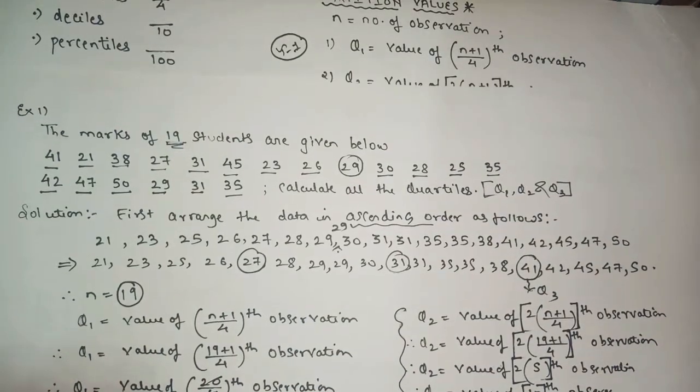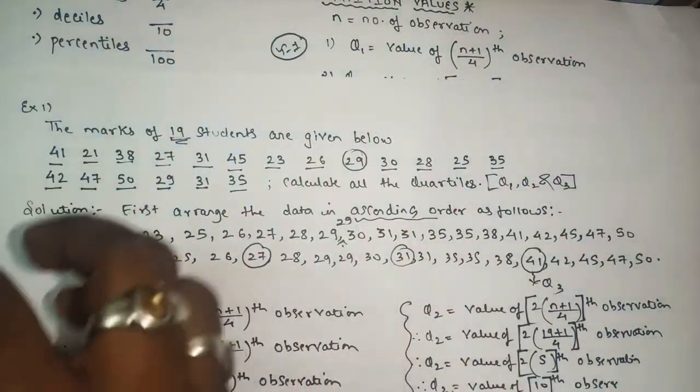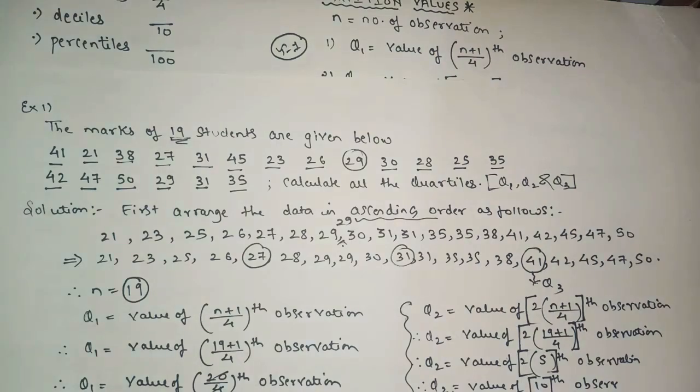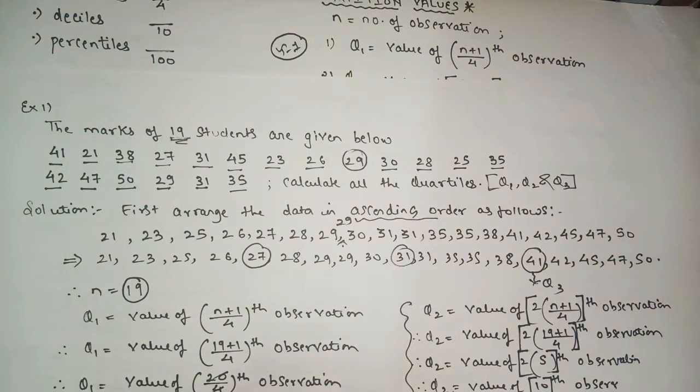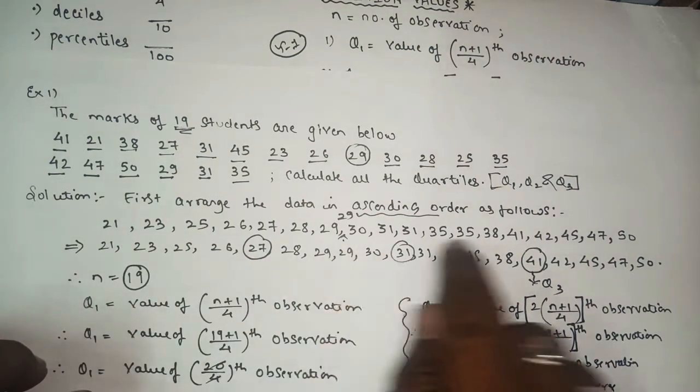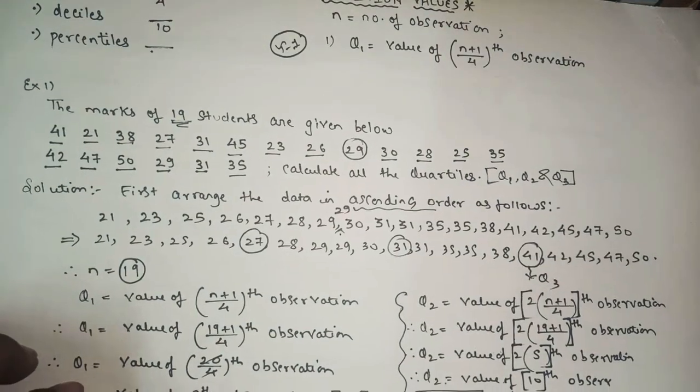As per the rule, whenever we have numbers, whether in a series, a sequence, or here and there, the first thing we have to do is arrange the data in ascending order. That is point number one. Without doing this, you cannot solve the sum further.